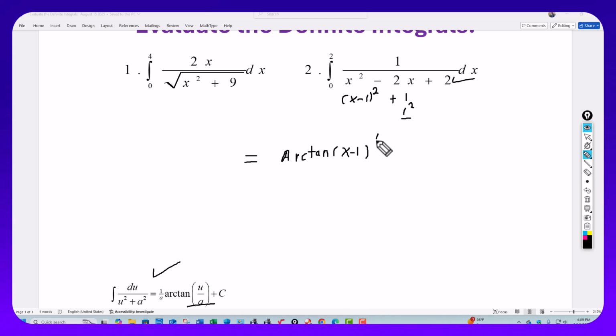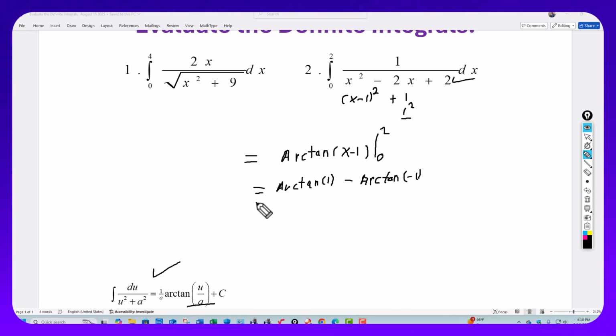And then we just evaluate from 0 to 2. So this will be arctangent. And we evaluate at 2. So 2 minus 1 is 1. So the arctangent of 1. And then it's minus arctangent evaluated at 0. So it'd be 0 minus 1. Negative 1.